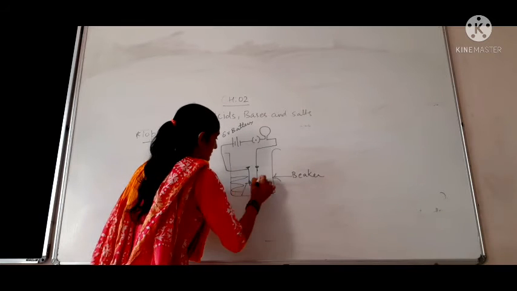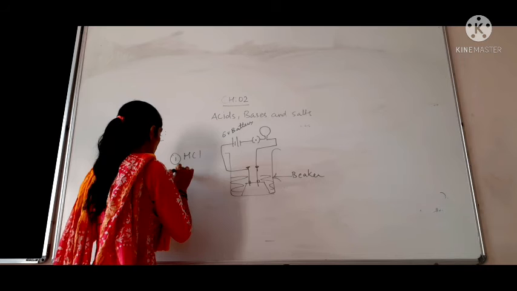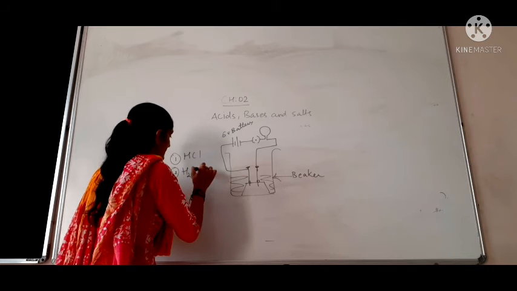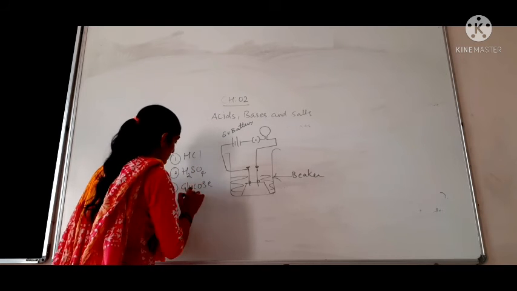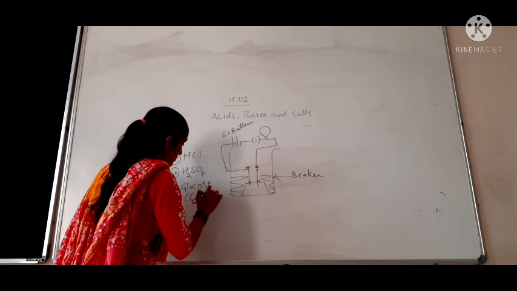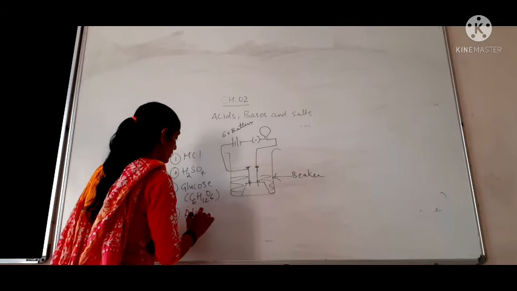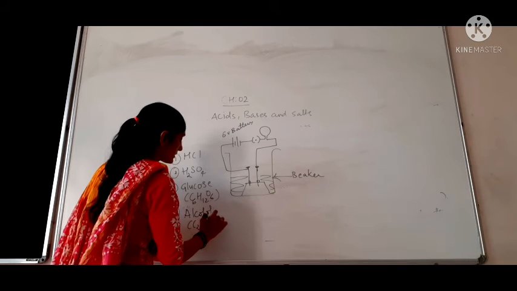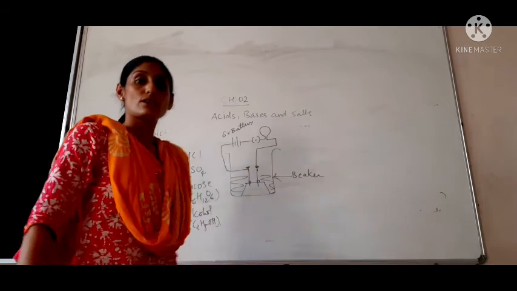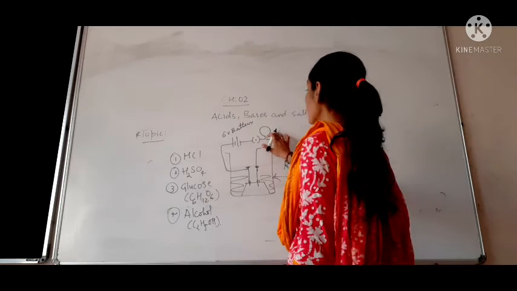In that beaker we have to take 4 solutions: HCl solution, sulfuric acid solution, glucose solution, which has the formula C6H12O6, and alcohol. I am taking ethanol as alcohol. We have to take these 4 solutions repeatedly in this beaker and check whether the bulb will glow or not.